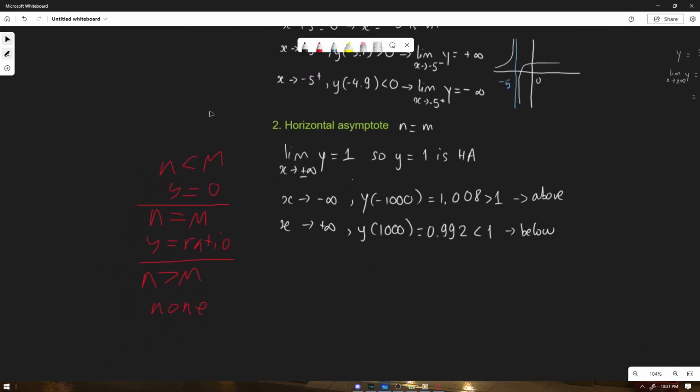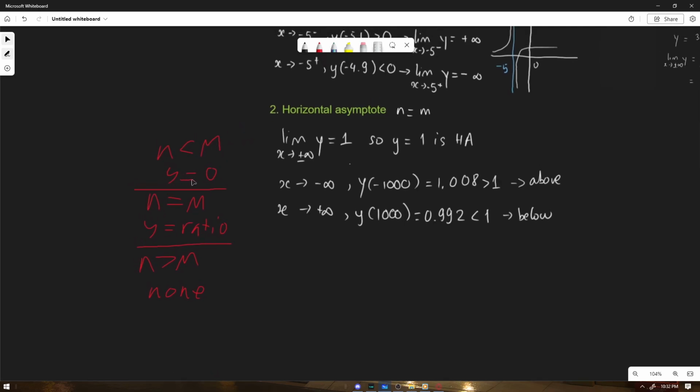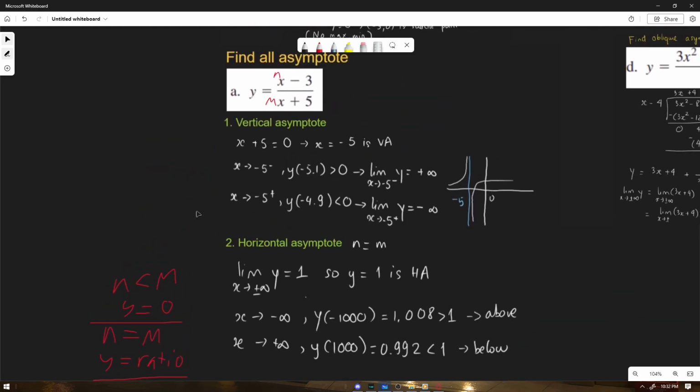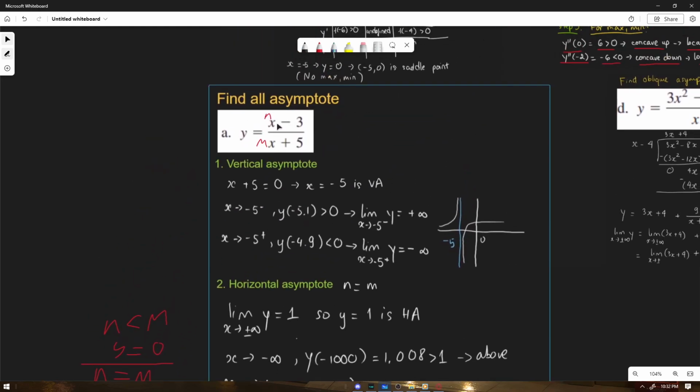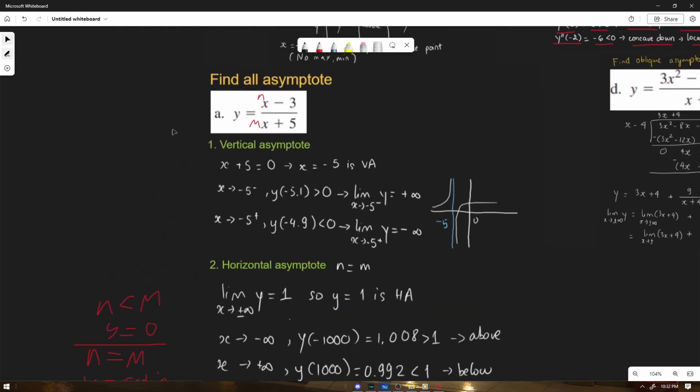So we're going to check that if the power of the numerator n is smaller than m, the highest power of the denominator, then y will equal 0. But if n is equal to m, which is what we have here, as you can see they're both a power of 1, then y equals the ratio of the leading numbers. Meaning that if this is 2 and this is 3, then it's going to be 2 over 3.